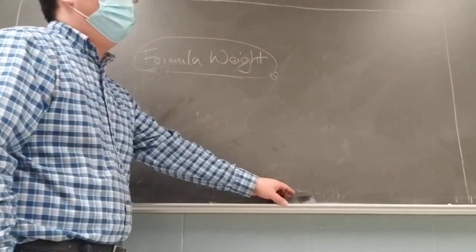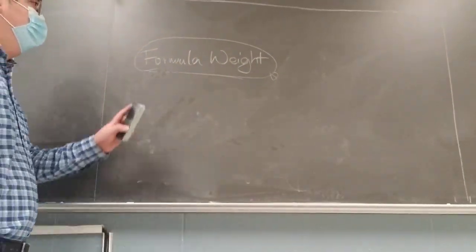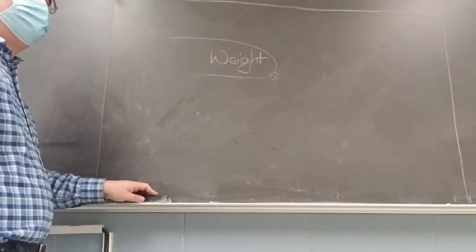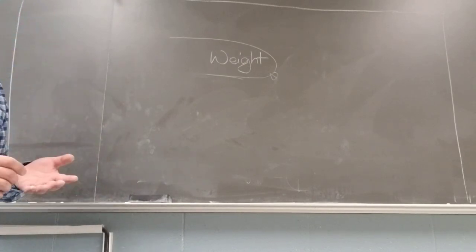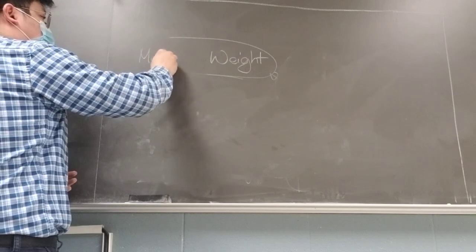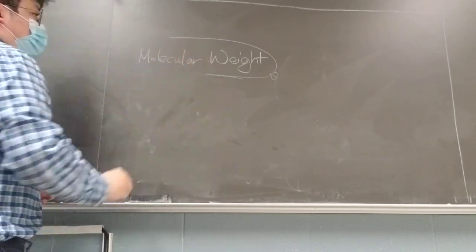This is the time that I'll show you another one. But I hope you guys are not very confused on this one. We have a formula weight. We also have a molecular weight.